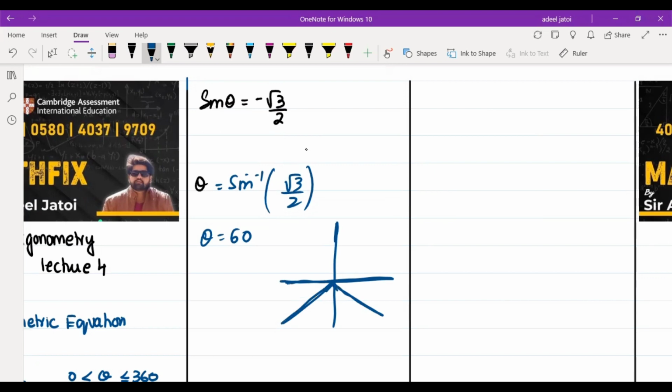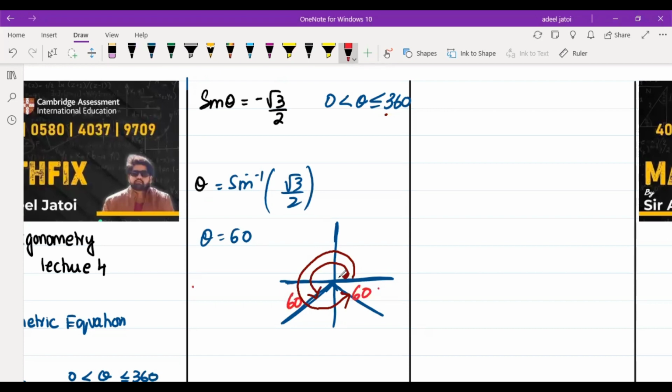If the domain is theta greater than 0 and less than or equal to 360, my entire rotation will be anti-clockwise because it is positive, to the basic angle line, and the second will also be anti-clockwise to the basic angle line. So the answer for this, let's take 60 as the basic angle, 60 here.